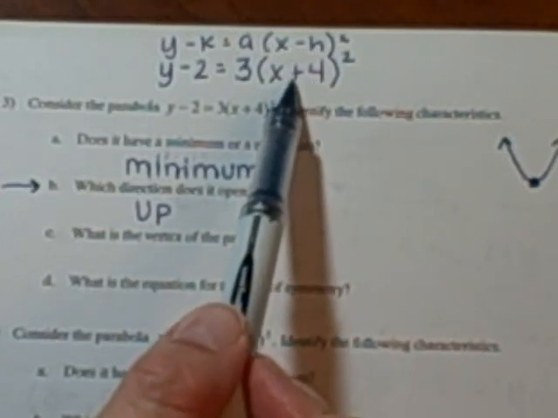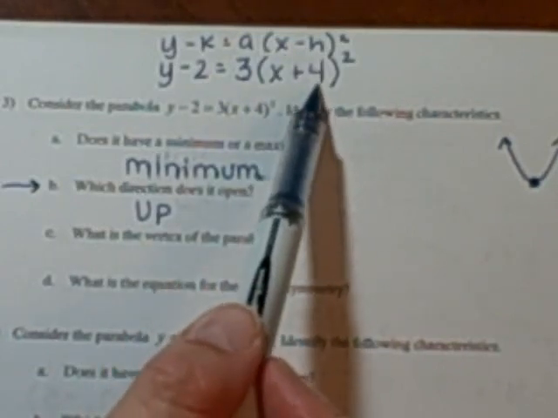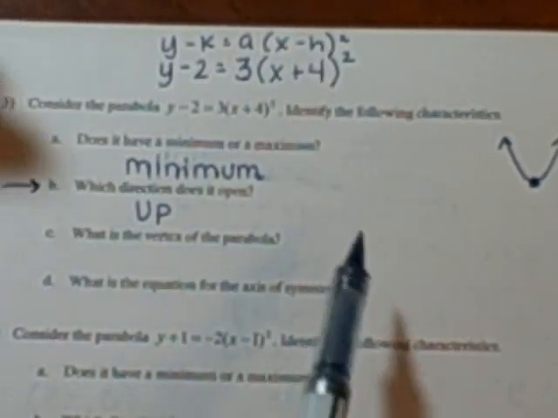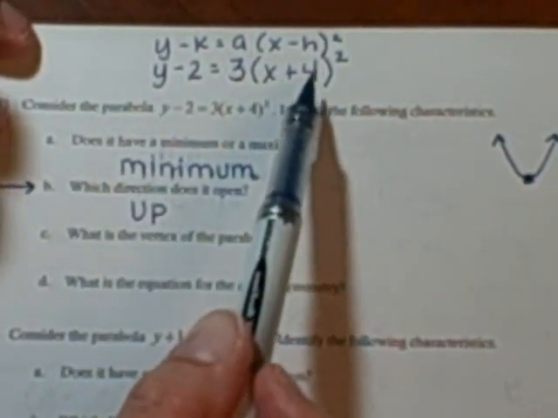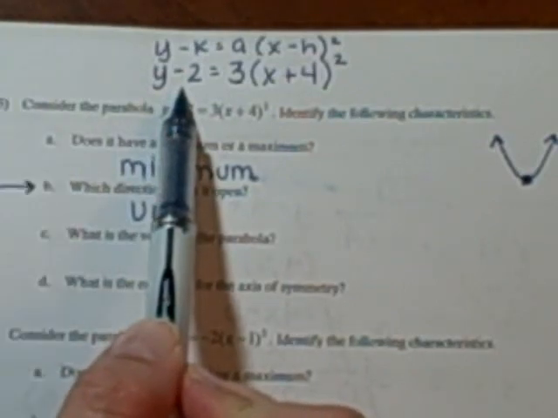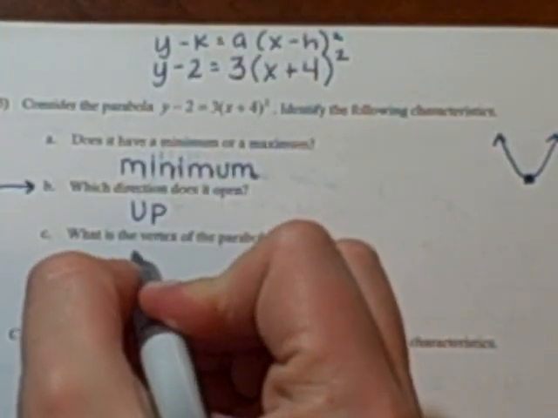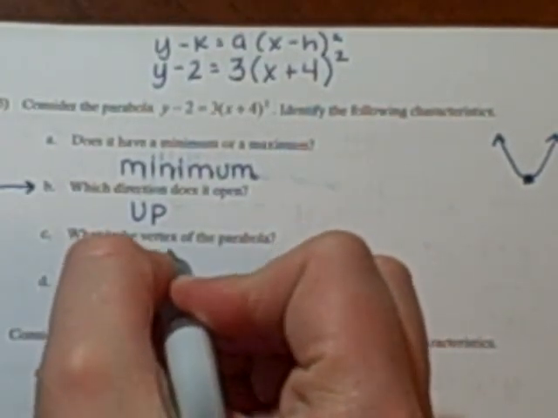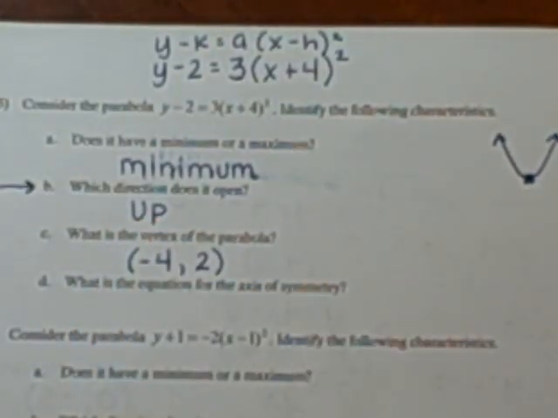Because the only way this could have been a plus is if we would have put minus a negative in there when we put the 4 in. So when you pull the numbers back out of vertex form, pull out the X and then the Y, and also take the opposite of the numbers that are listed. Okay, so here my vertex would be -4, comma, +2. It's like they're upside down and backwards.